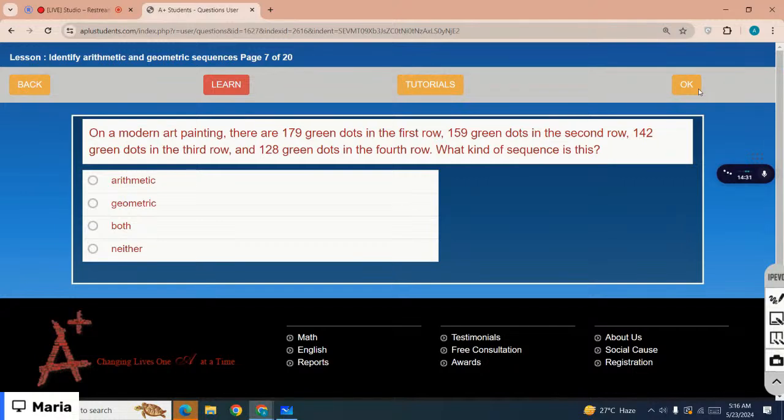On a modern art painting, there are 179 green dots in the first row, 159 green dots in the second row, 142 green dots in the third row, and 128 green dots in the fourth row. What kind of sequence is this? Which is the correct option?